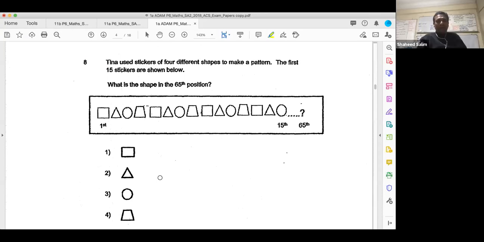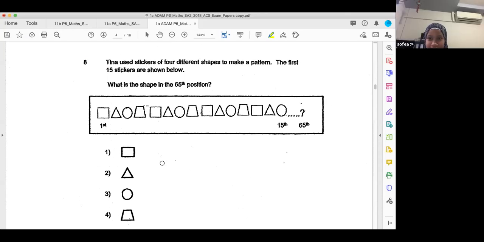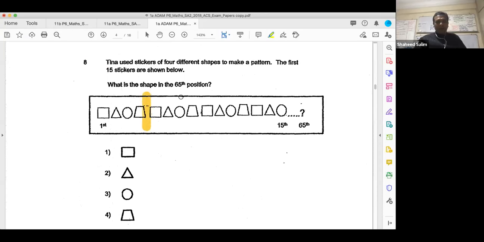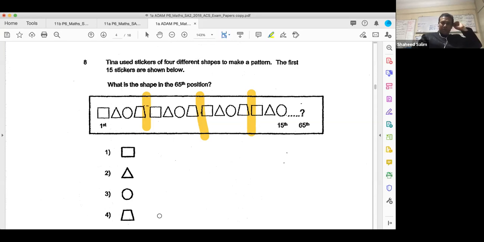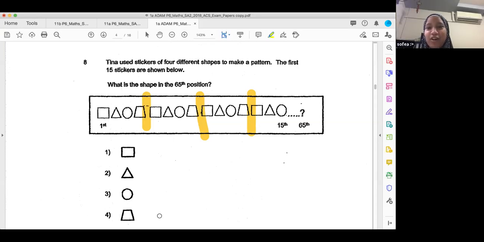You find the pattern, the repeated pattern. After how many shapes does it repeat itself? 4. Good. So you can cut down here, every 4. So just take this number, divide by 4. Then the remainder you put into the positions here. My remainder answer is 4. My answer is 1.